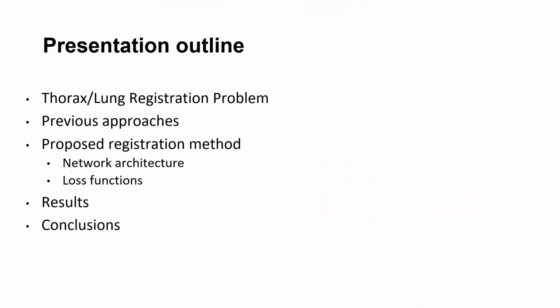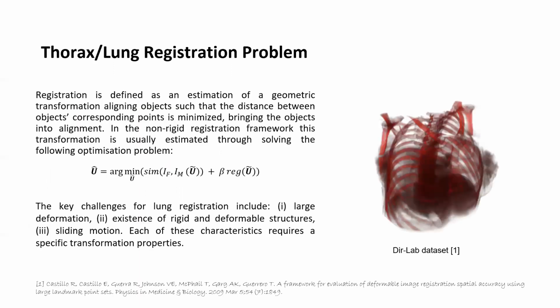The presentation outline consists of lung registration problem, previous approaches, proposed registration method, results, and conclusion. Registration is defined as an estimation of a geometric transformation aligning objects such that the distance between the objects' corresponding points is minimized, bringing the objects into alignment.